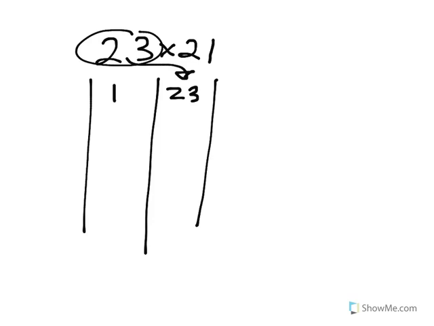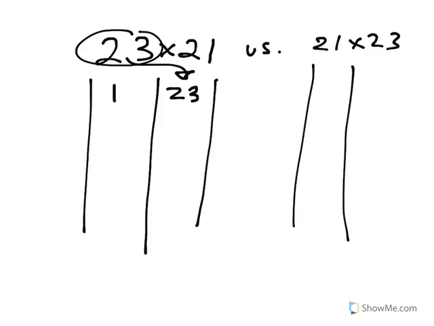They think of 23 times 1 as different than 21 times 23. For that one, they would make their chart have a 1 and a 21 first. Okay, now what they do is they double the numbers in each row.